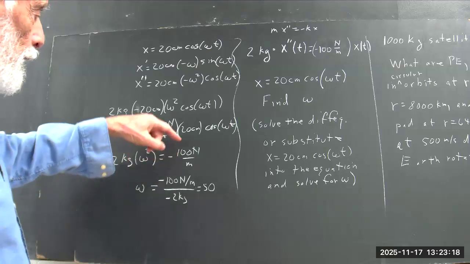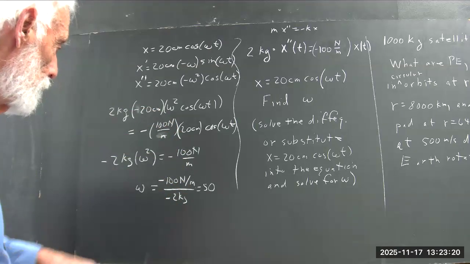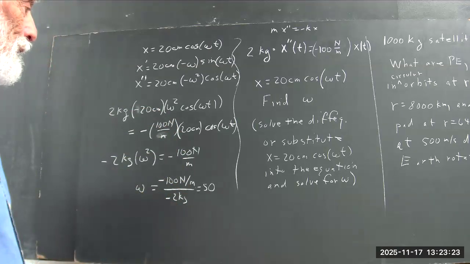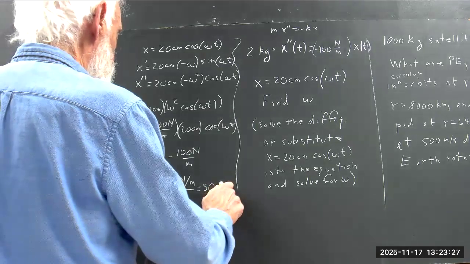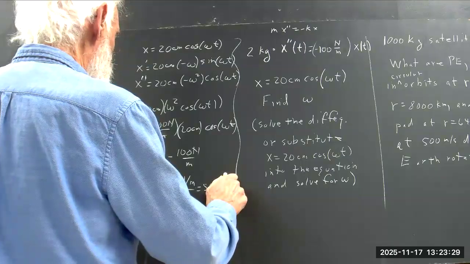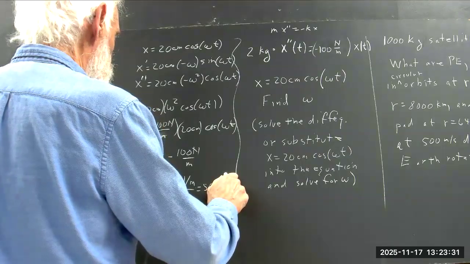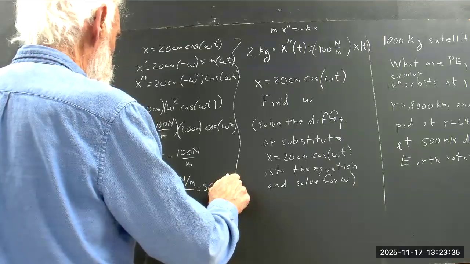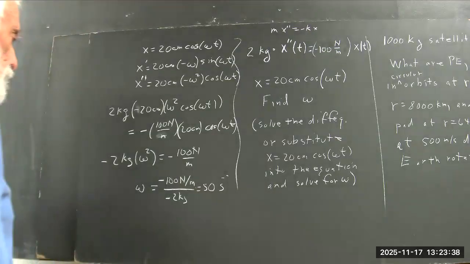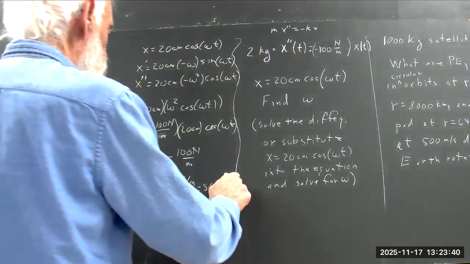A newton is a kilogram meter per second squared, and a kilogram is a kilogram. So you get reciprocal second squared.